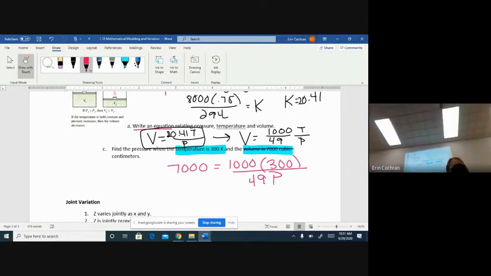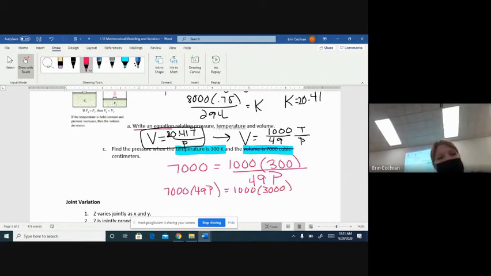Now, you can use the decimal one. It doesn't matter, okay? I just have my work. I have the fraction, so I just left it as a fraction, okay? So in this case, I would take 7,000 times 49p equals 1,000 times 300, right? And then what?